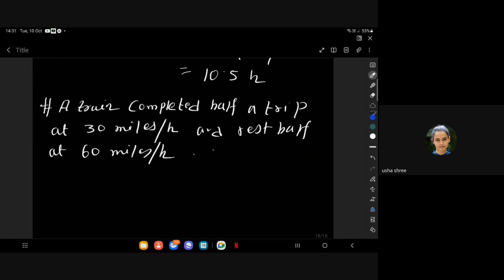If the whole trip is 20 miles, you can write kilometer also.